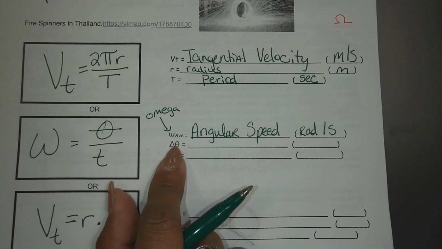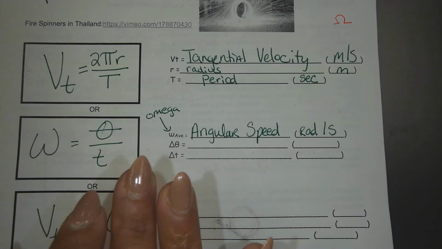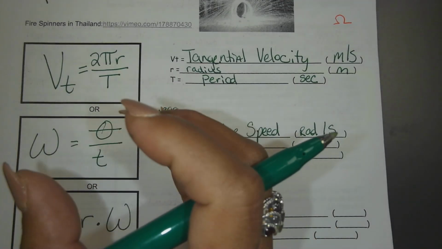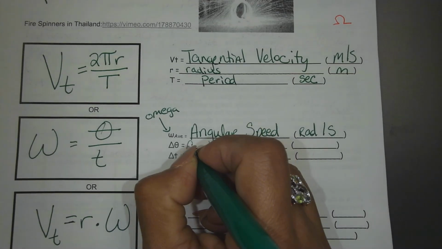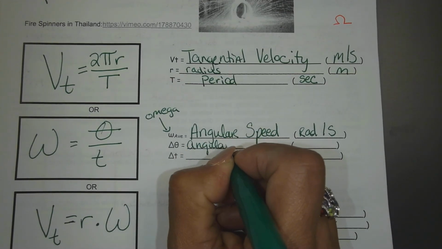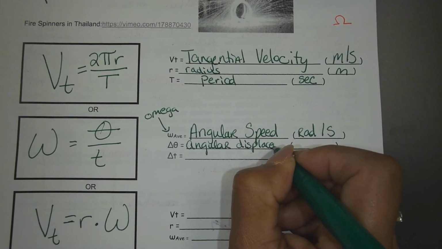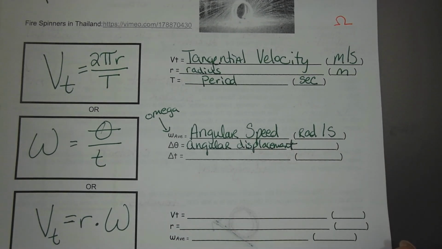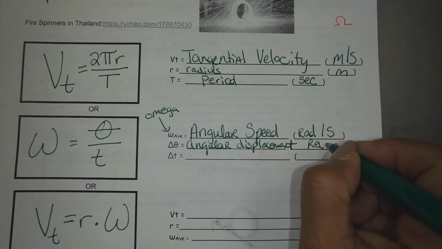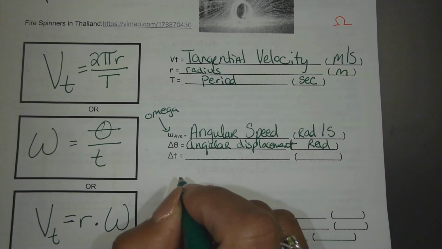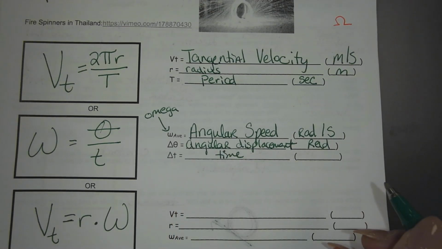Now we did this one already. This symbol right here, we know it's a theta. But when we're talking about circles, this theta stands for angular displacement. That's an equation that we had a couple of pages back, which has a unit of rad. Lowercase t stands for time. How much time did it occur?